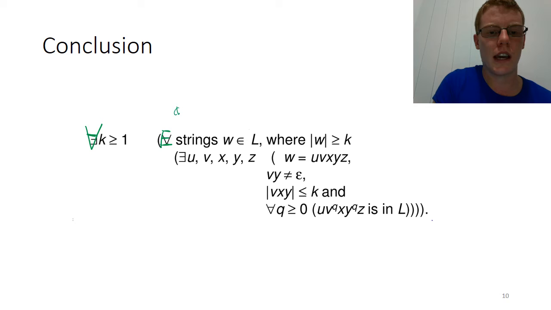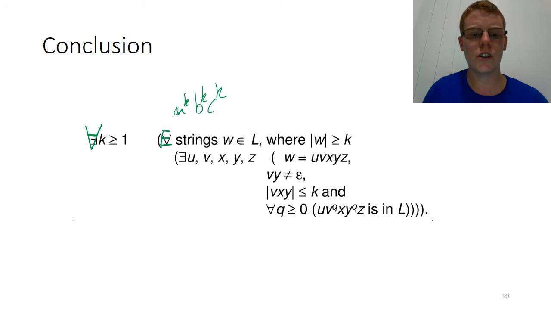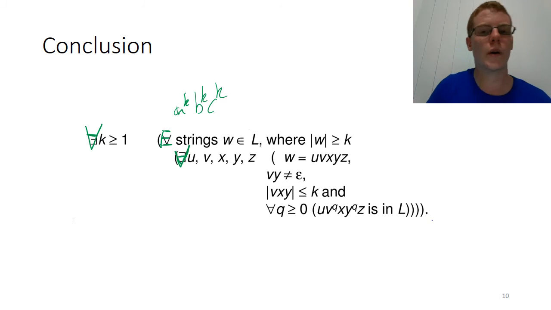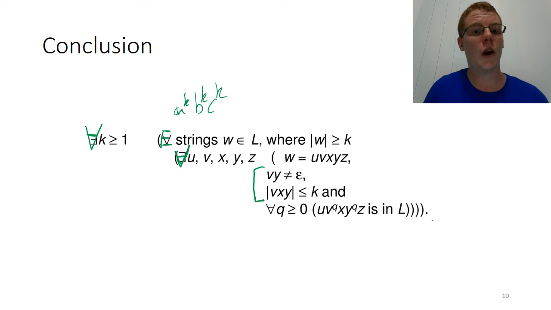It was A^k B^k C^k. That was in the language. And then we showed that no matter which way we chop it up, and that's why we had to consider 6 different cases, because all those cases were based on ways we could chop it up such that these constraints were satisfied, which is why we only had to consider 6 cases and not many other cases as well.